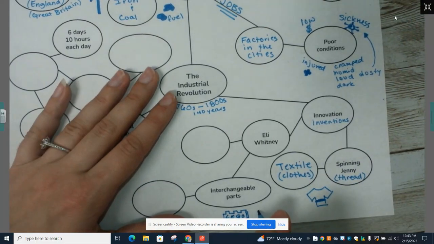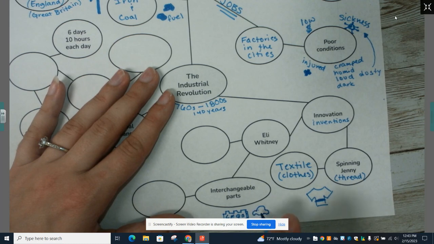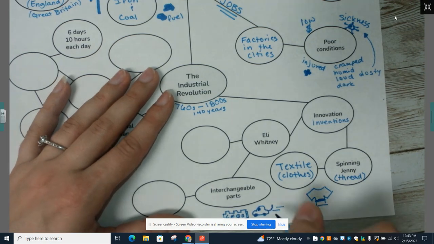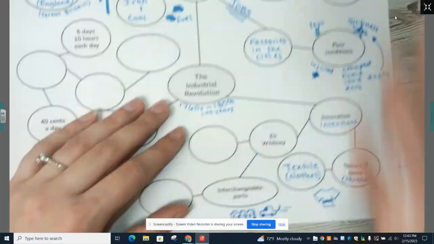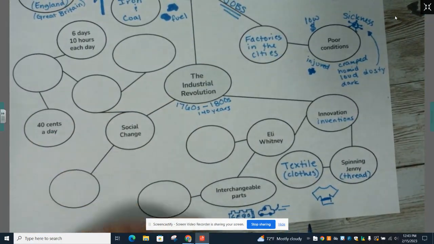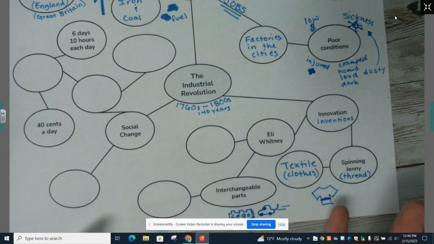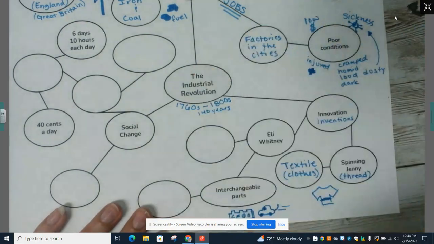And that also really helped the auto industry, because people could make their cars, and if a part broke on the car, they could take it out and put in a new one.